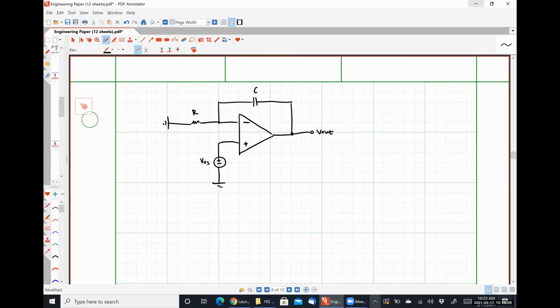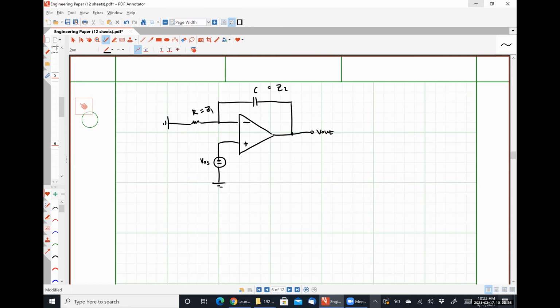Okay. So, how I would approach this is I would say that this is nothing more than a non-inverting amplifier where we have some impedance Z2 in the feedback position and some impedance Z1 in the not feedback position, right?